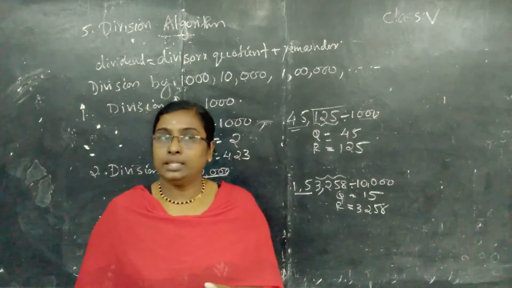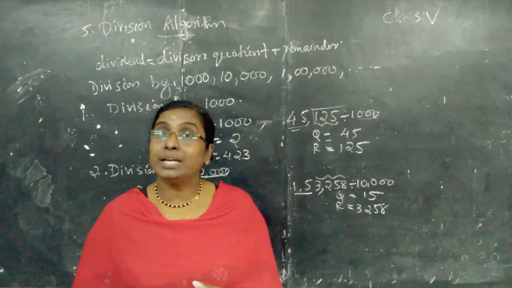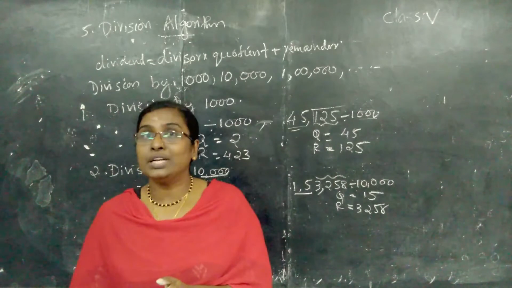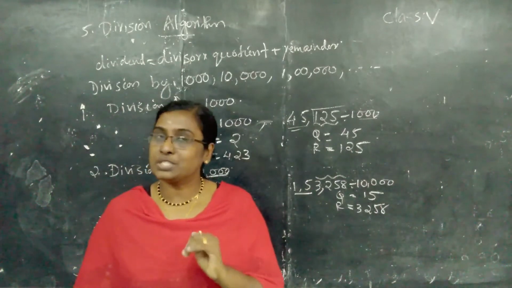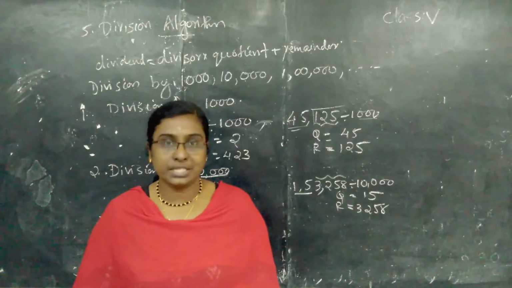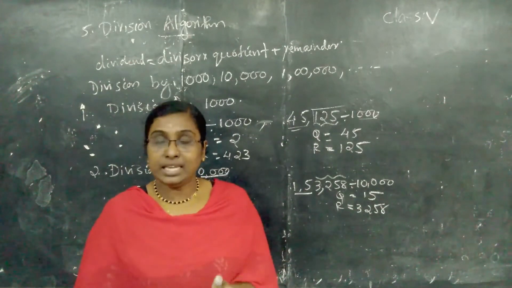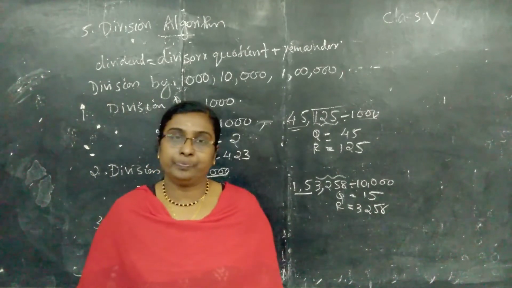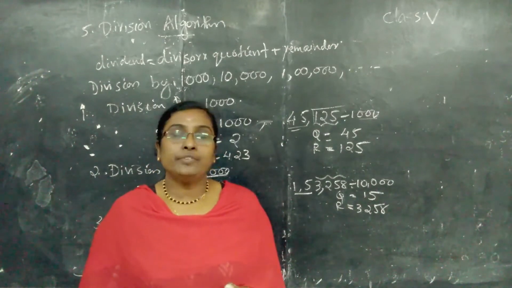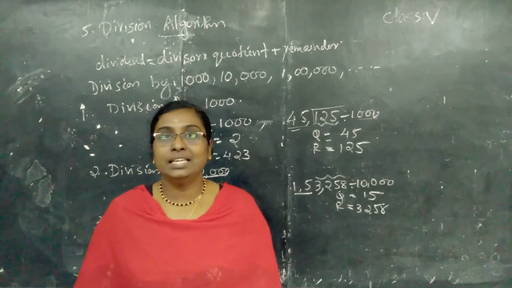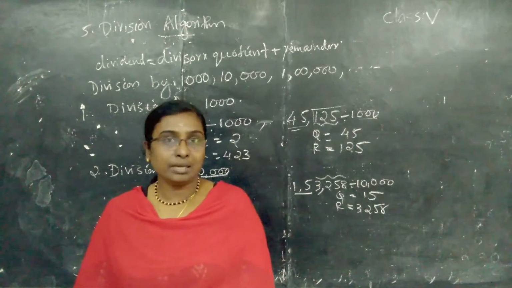Then in order to divide a number by 10,000, we remove the last 4 digits. 10,000 consists of 4 zeros. So we remove the last 4 digits to get the quotient. These last 4 digits become the remainder. Similarly, to divide a number by 1 lakh, we remove the last 5 digits. These 5 digits become the remainder.